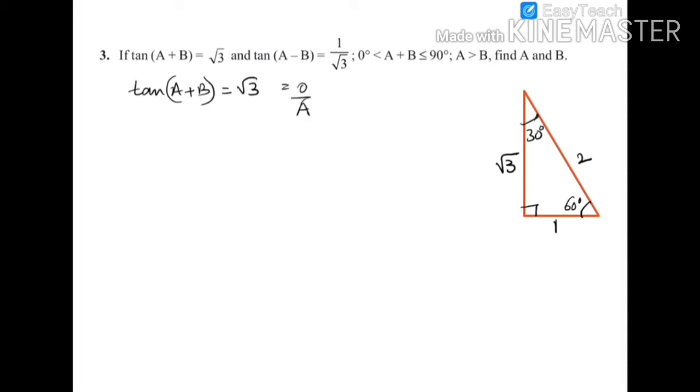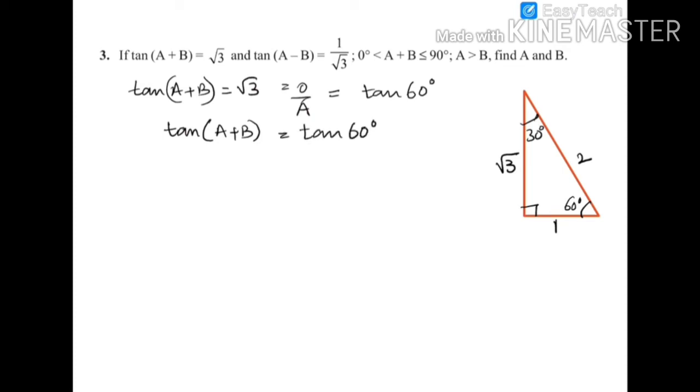So in this triangle, root 3 upon 1 is opposite upon adjacent for 60 degree angle. So root 3 upon 1 is tan 60 degrees. So we have tan(A plus B) equal to tan 60 degrees.